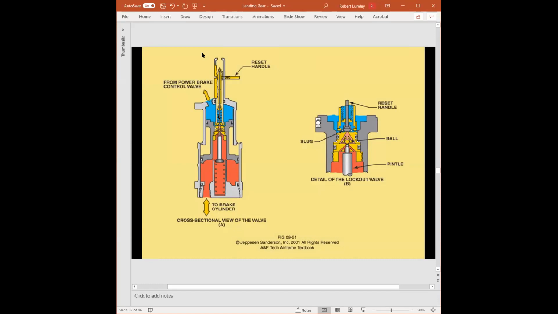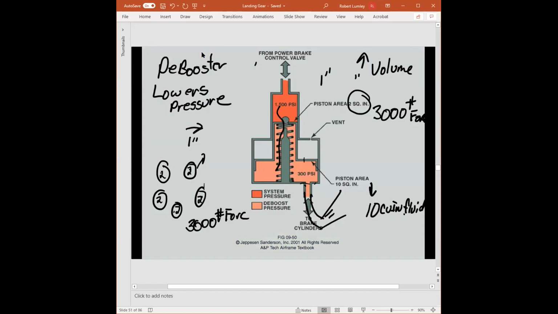Because to be honest, this replenishing was really done when you needed to bleed the brakes. When you bled these brakes, what would you do? You go to the caliper and open up the bleed valve and have a pilot applying pressure to the brakes.